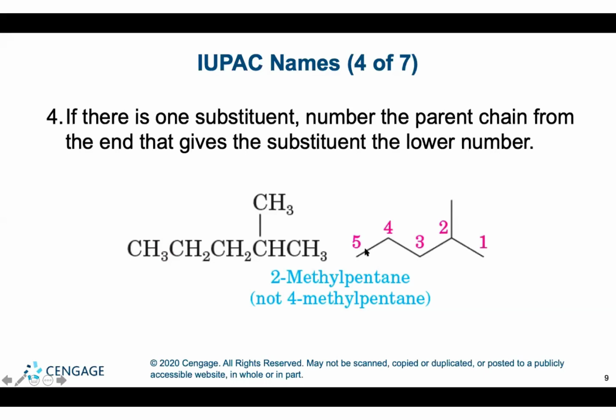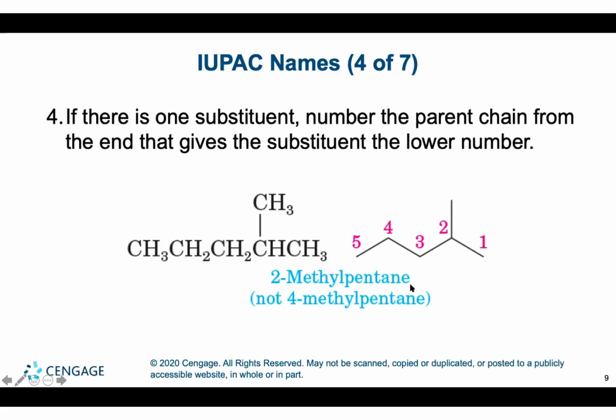So this numbering is going to cancel out because the carbon is not getting the lower number. Even if I do 1, 2, 3, 4, and 5, again, this carbon is not getting the lower number. So yes, the correct way is we go from the right, start numbering 1, 2, 3, 4, 5, because I reach the carbon that has a branch on it and it's going to get the lower number.